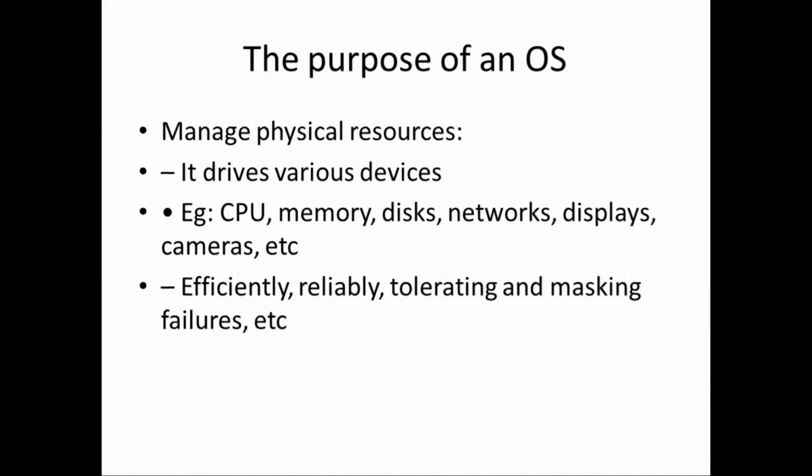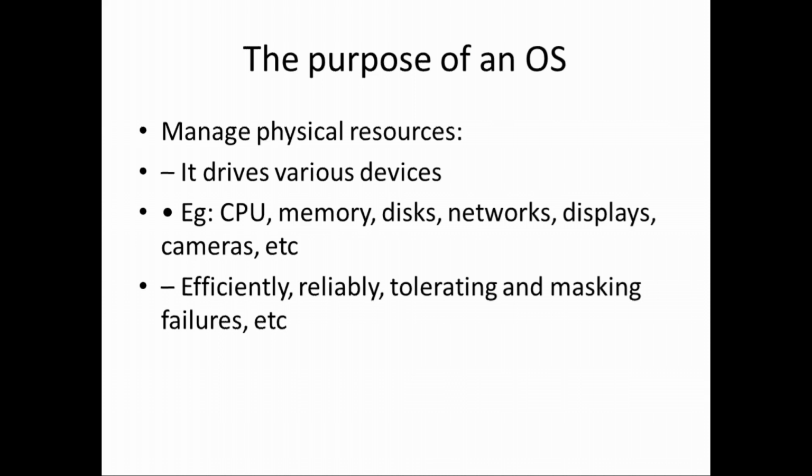So the purpose of an operating system is to manage physical resources. That is, it drives various devices. It ensures that every resource, every device, every hardware is able to perform its function.